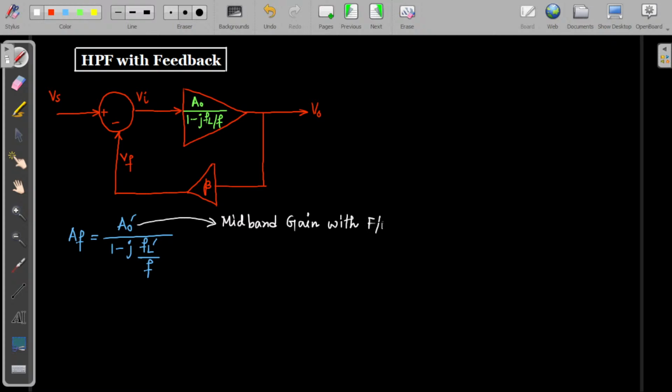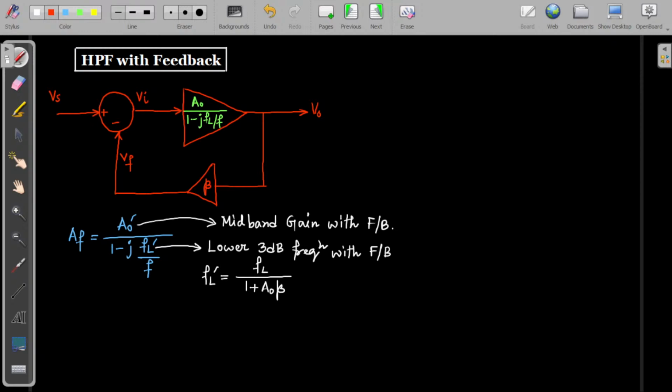And this FL dash is the lower 3 dB frequency with feedback. And surprisingly, if you do the derivation, you can see that FL dash value will be equal to FL divided by 1 plus A0 into beta.